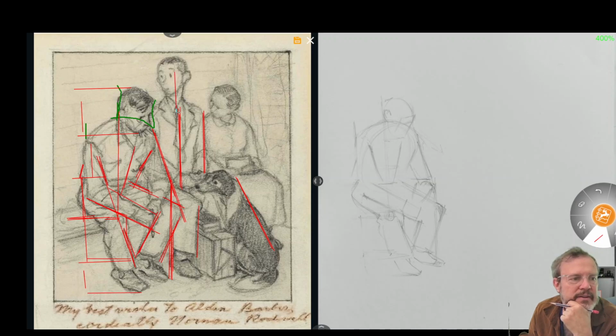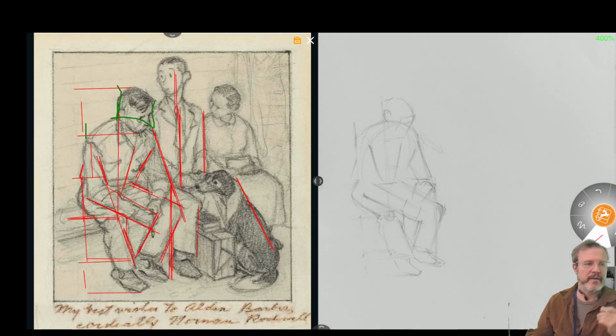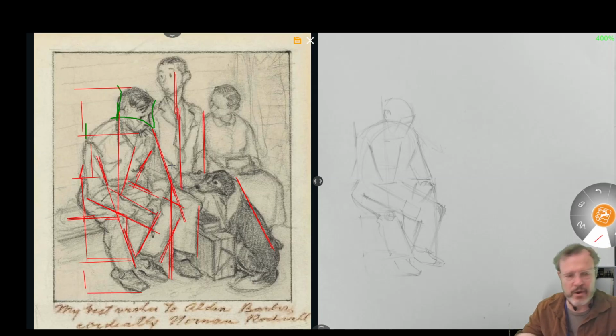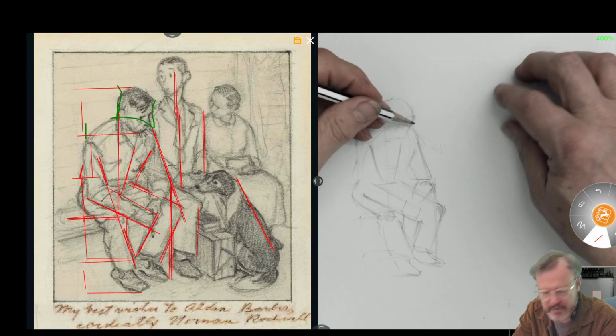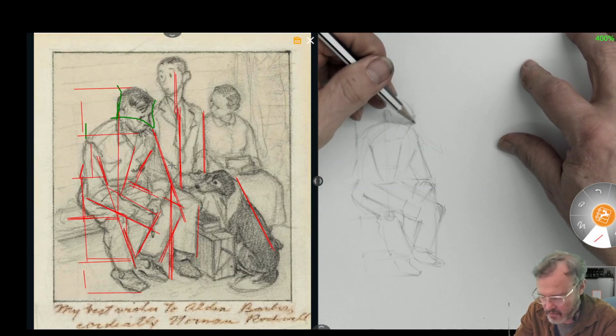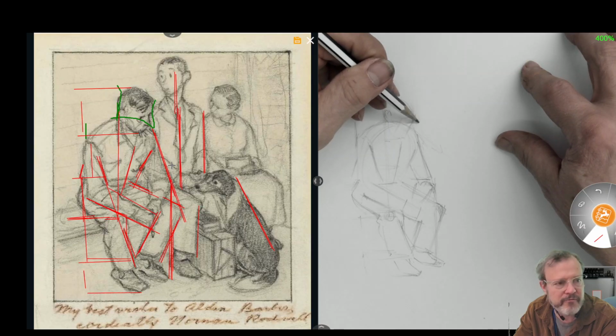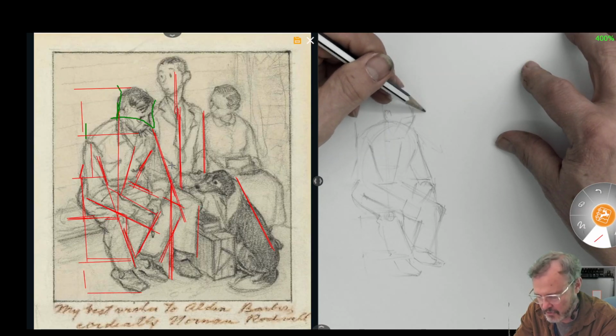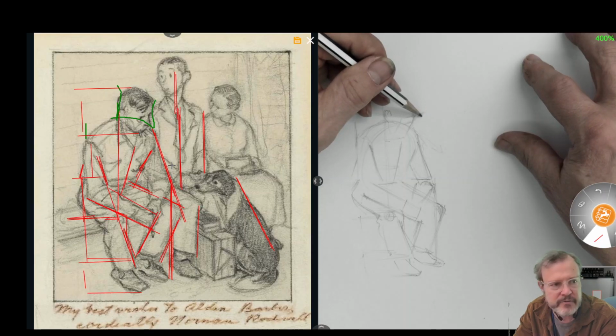Look at his neck, it's straight up. His rib cage and sternum are straight up. And that's what this drawing is really about. It's about this formal contrast between these two figures.